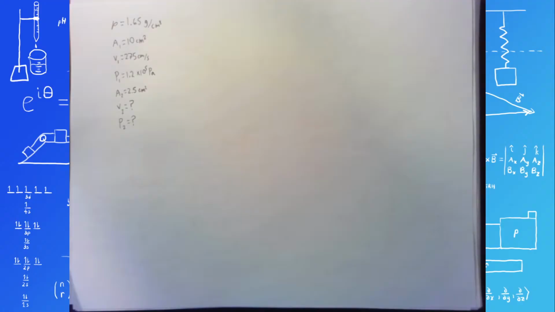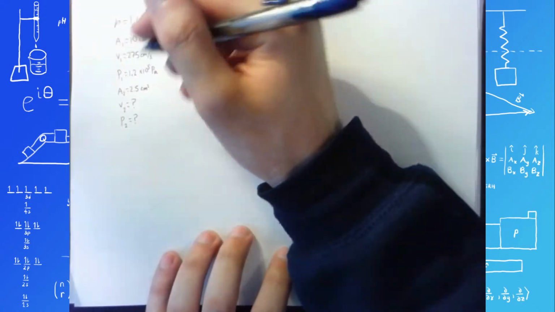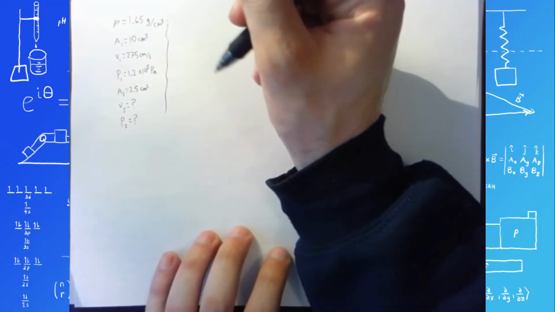If we can't, then maybe we can minimize the amount of converting we have to do, because that would be a lot of stuff to convert. If anything needs to be converted, I would convert the pressure. But I can't see immediately whether or not that's going to be necessary.